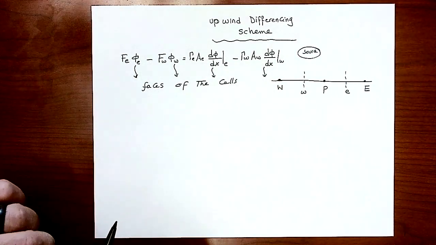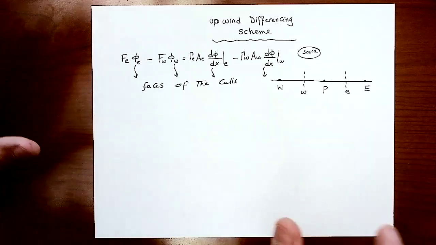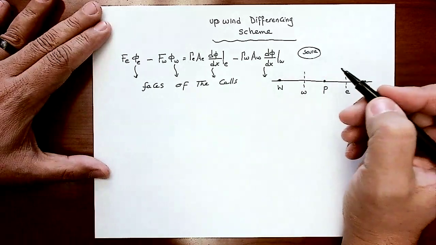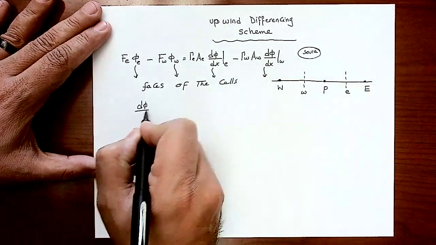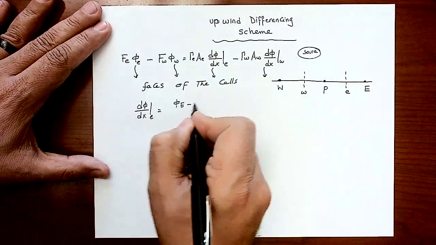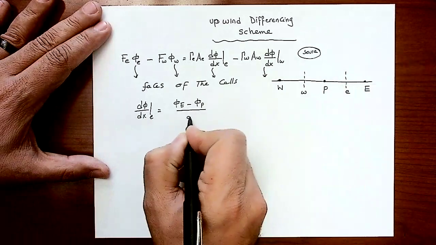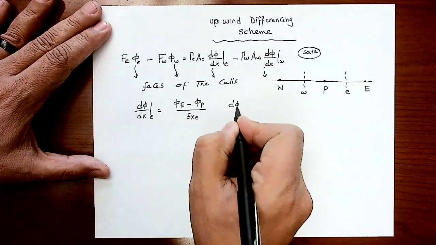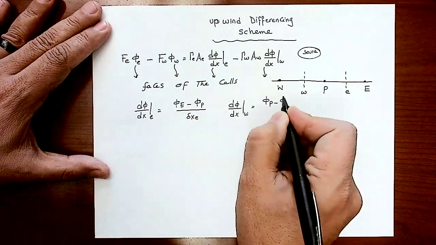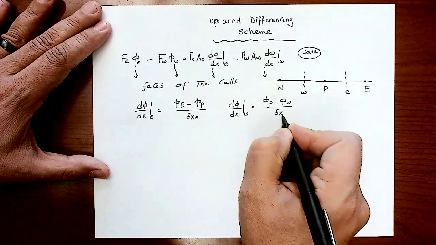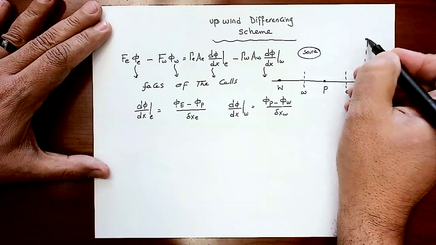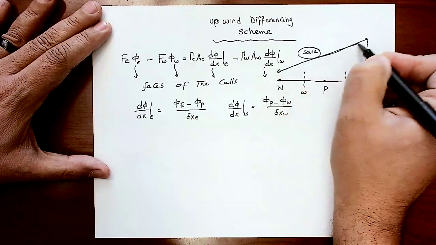Okay, so the diffusion is not going to change. We will not change the diffusion term. So we will have linear change for the phi. So d phi by dx on the east is equal to phi east minus phi p divided by delta x east, and d phi by dx on the west face will be phi p minus phi west divided by delta x west. Again, we have that linear change. That's for the diffusion term, right?